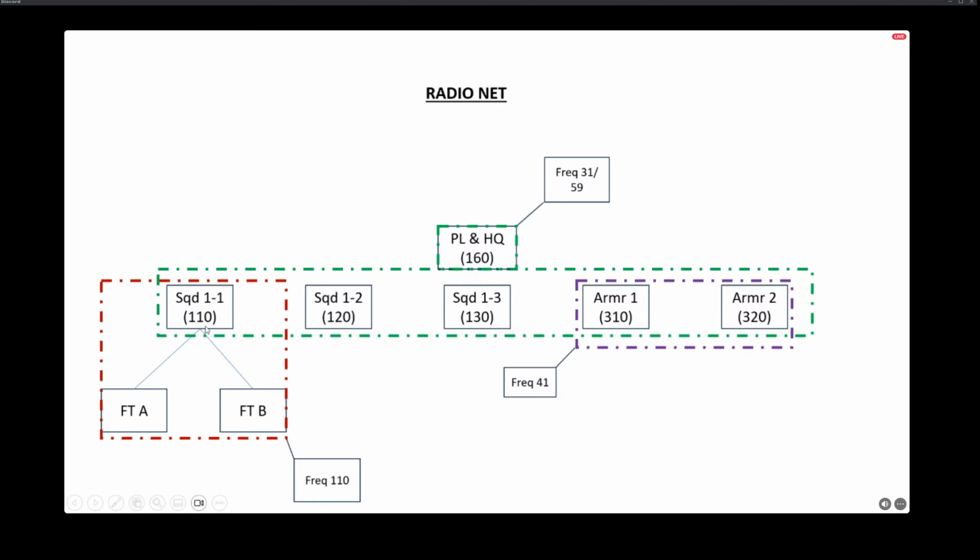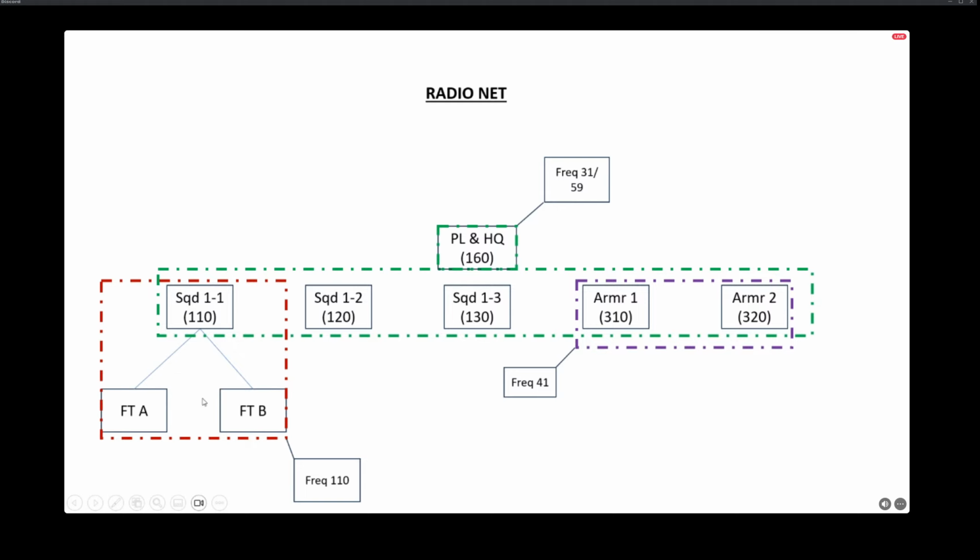What we do is I think 6-9, and then 12 is 7-1, and 13 is 7-2. However, I find it much more feasible and easier to remember that 1-1's radio net is 110, 1-2's radio net is 120, 1-3's radio net is 130. Understood? Right.